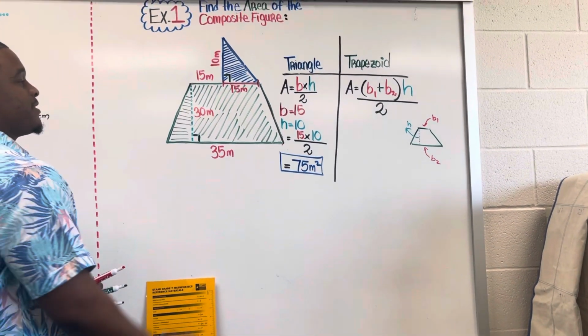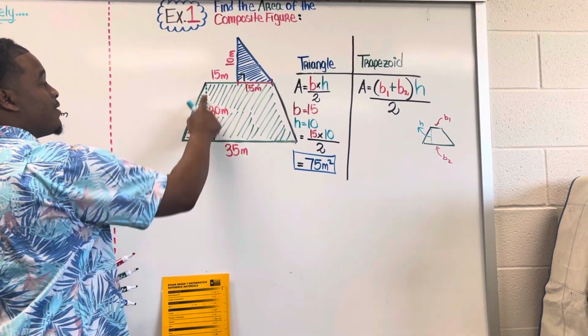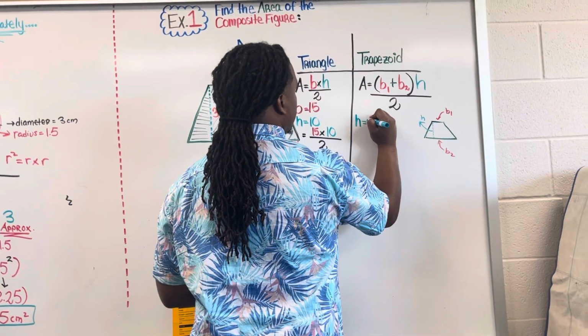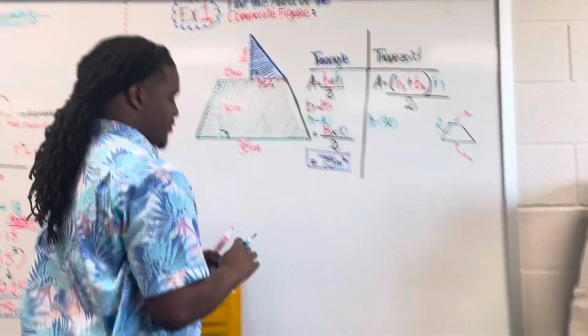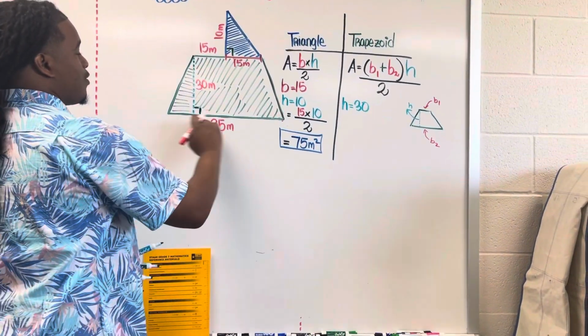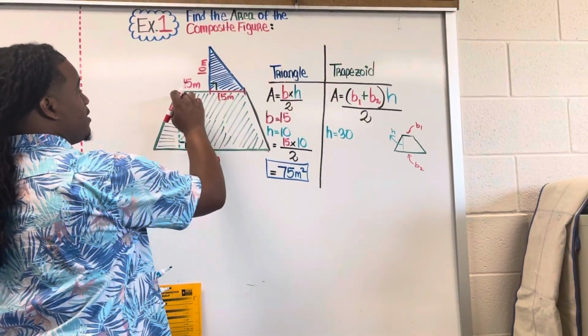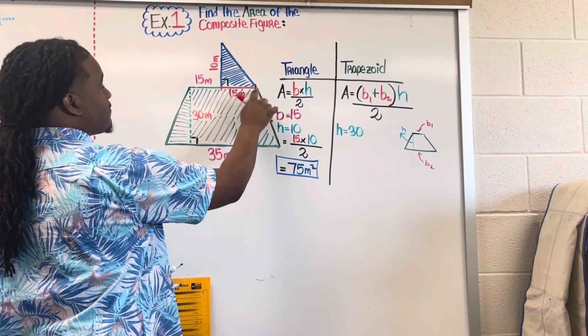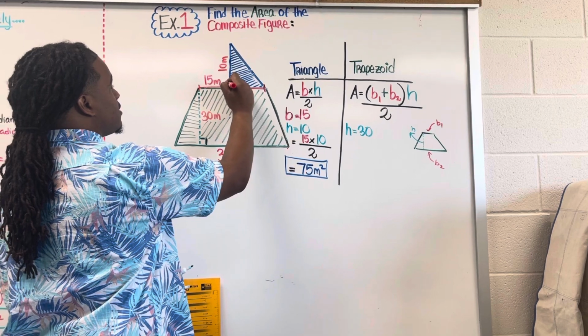So let's actually look at the trapezoid. I see that the trapezoid actually has a height of 30 meters. So H equals 30. Okay, now let me look at my horizontal bases. Base 1, I have 15 right here, but I have to add it to the 15 right here because this 15 only covers this part.